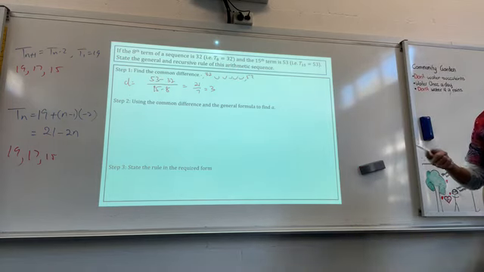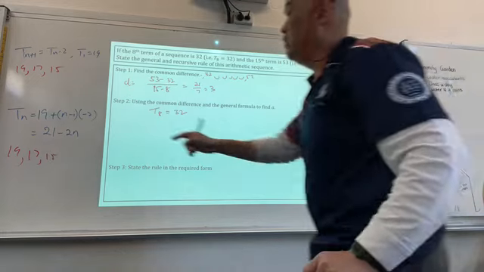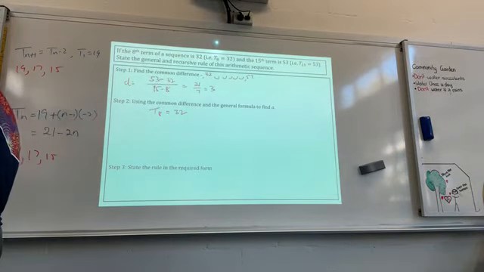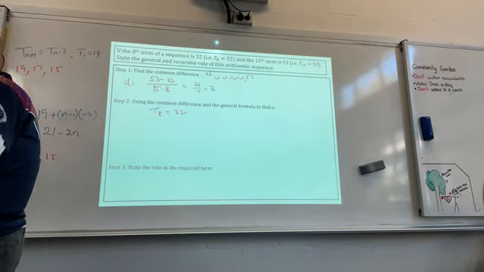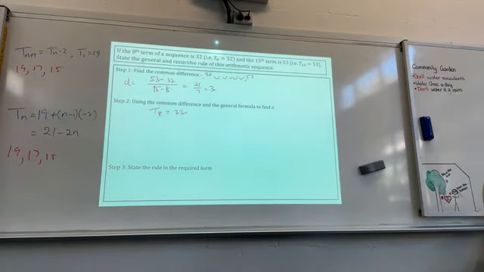Yeah? Got it? Now, let's think about using the common difference to find the general formula, and the general formula to find a. We know that T8 equals 32. We don't know a, but we know n is 8, and we know Tn is 32, and we know d is 3.